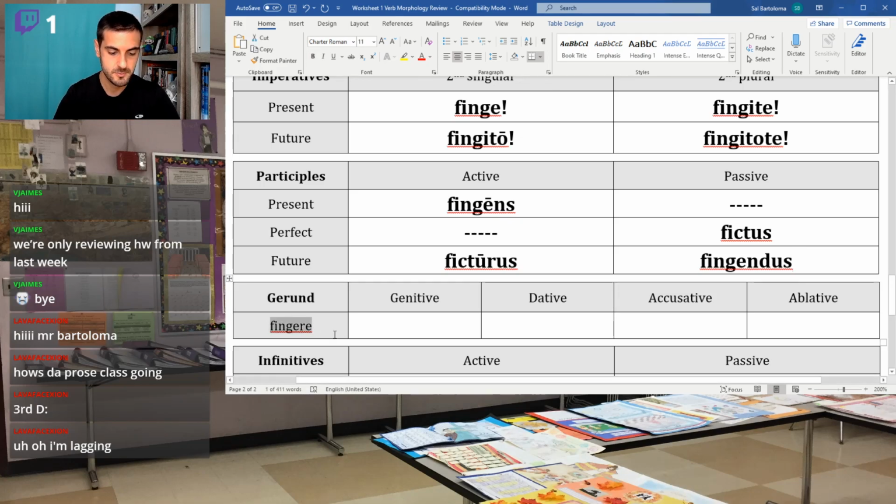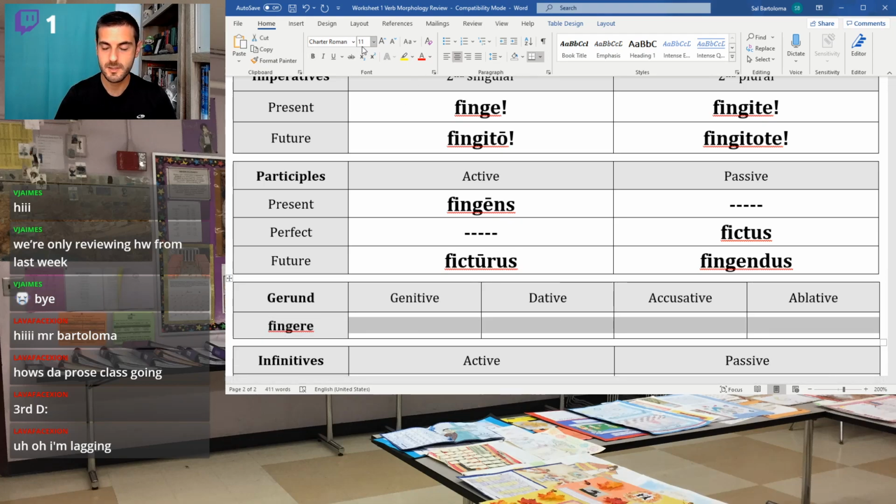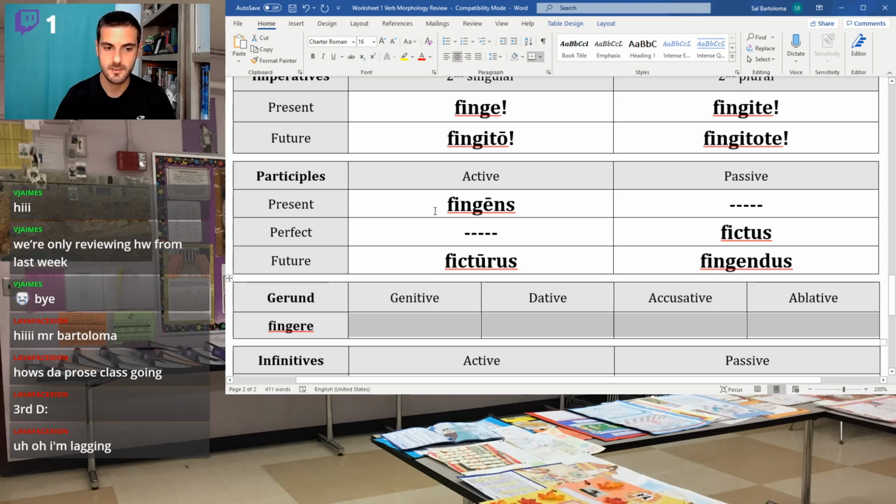The gerund, which is the new kid on the block, okay? That's the only form on here where you're kind of declining it, right? You're putting different endings on it. And I'll always give you the nominative form, which is just the infinitive. So you're really filling in the others. And the gerund is pretty straightforward.